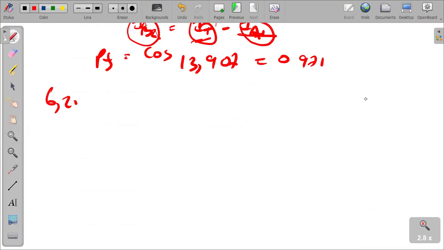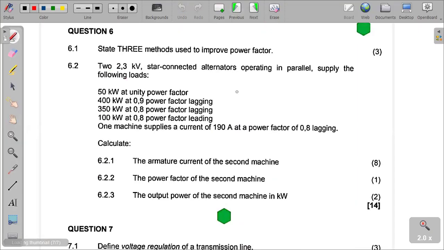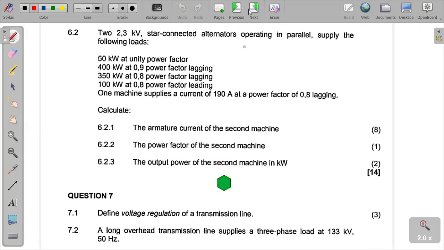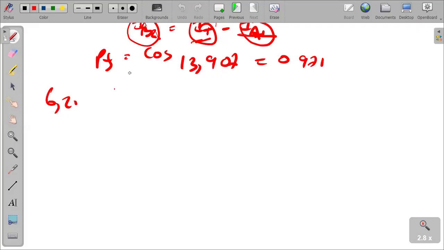What is it saying? Calculate the output power of the second machine in kilowatts. So P2 for the second machine is going to be equal to root 3 VL IL2 multiplied by cos phi 2, where this is the current for the second machine.